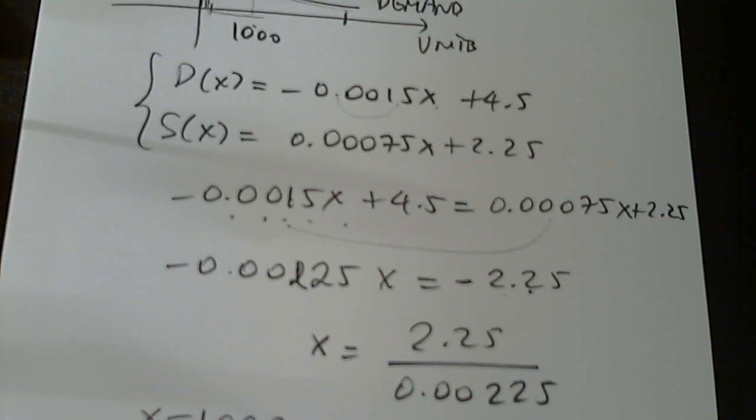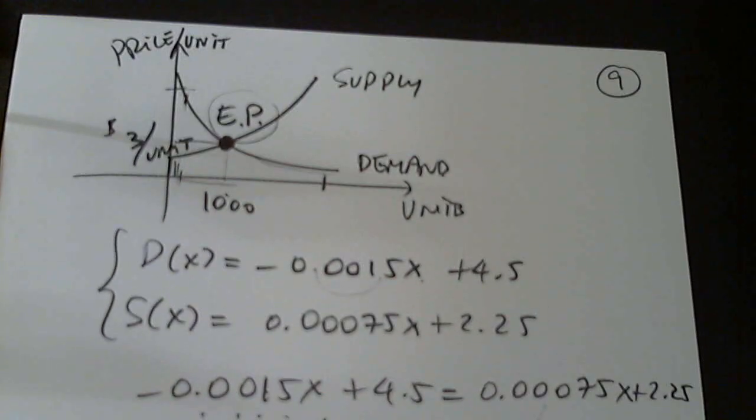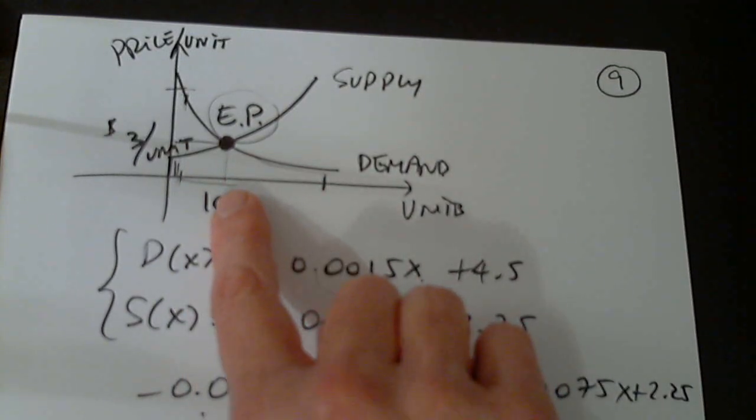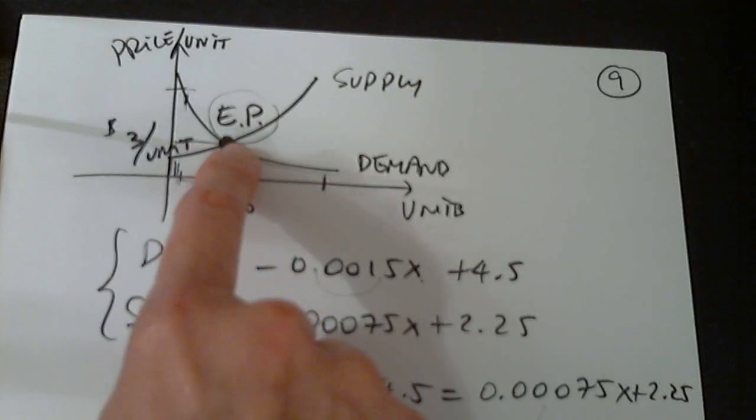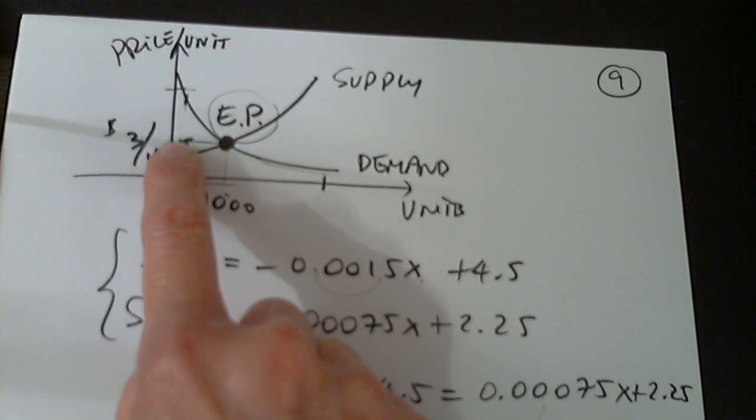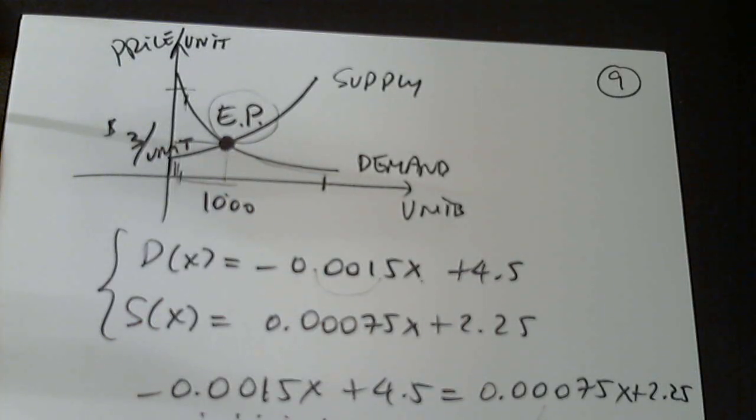If I don't get 3, then I'm in trouble. And then the other one, 0.00075 times 1,000, and plus 2.25. I have to get 3. If I don't get 3, I'm in trouble. Good. So indeed, this is the equilibrium point. We are willing to purchase 1,000 gallons of gasoline as long as the price per unit is $3.